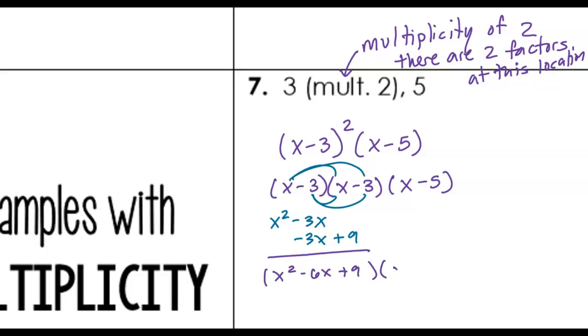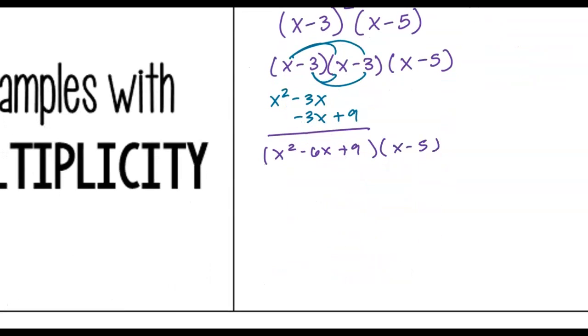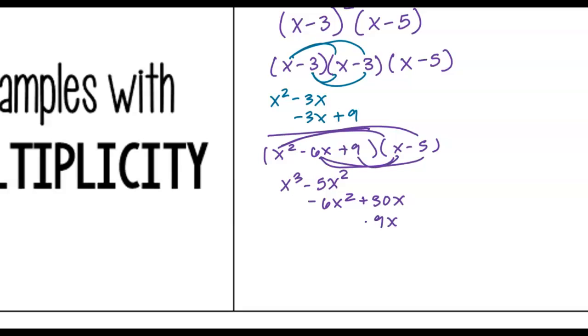I need to multiply that by x minus 5. So I have x squared times x is x cubed, x squared times negative 5 is negative 5x squared. Negative 6x times x is negative 6x squared. Negative 6x times negative 5 is a positive 30x. 9 times x is 9x.